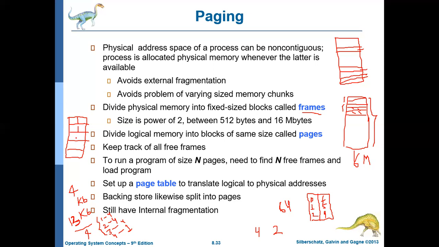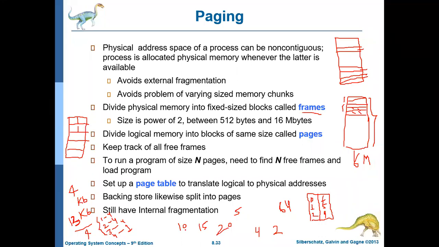If the page size is, let's say, 5, and we have a process of size 10, no internal fragmentation. 15, no internal fragmentation. Process size 20, no internal fragmentation. In each case, in 10, 15 or 20, we will have complete pages.